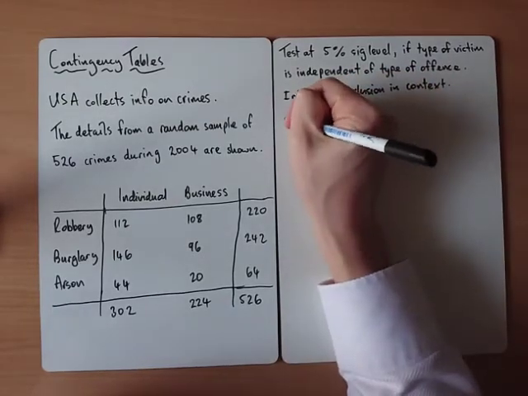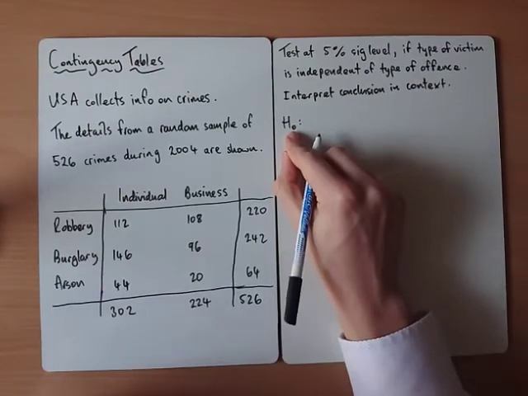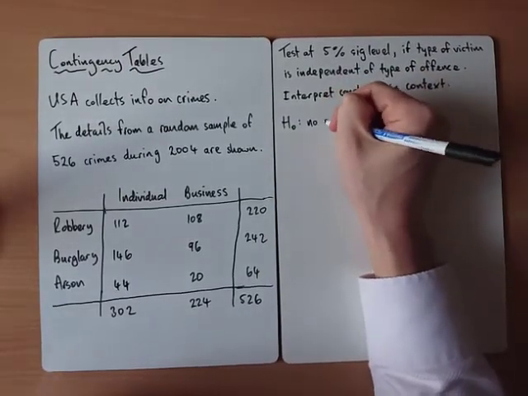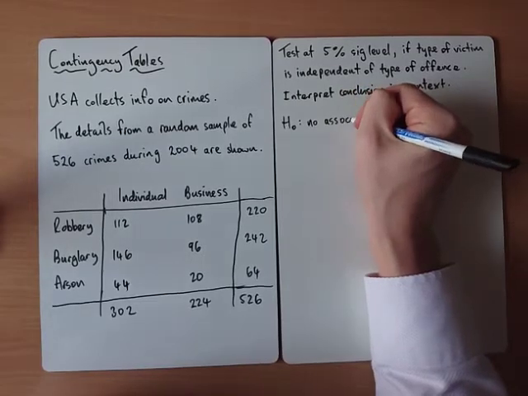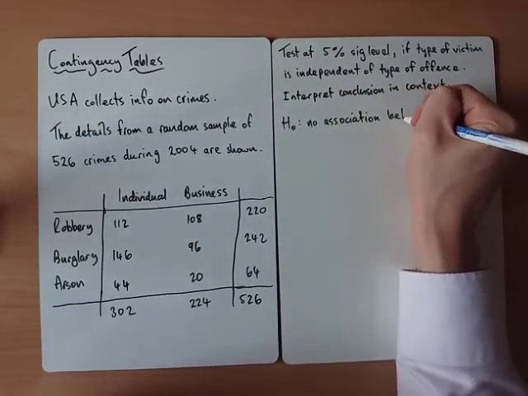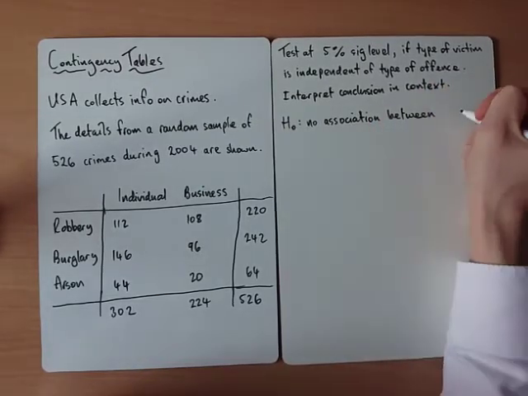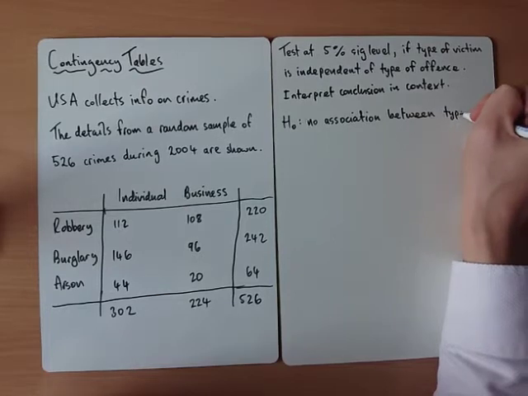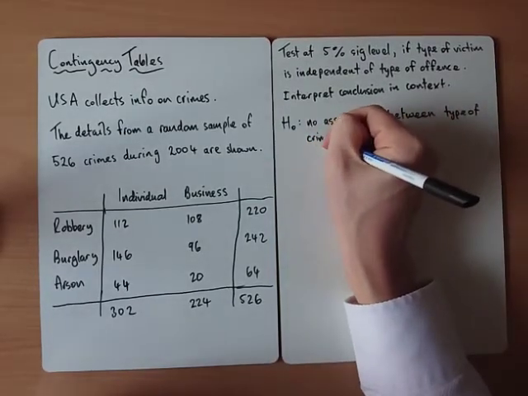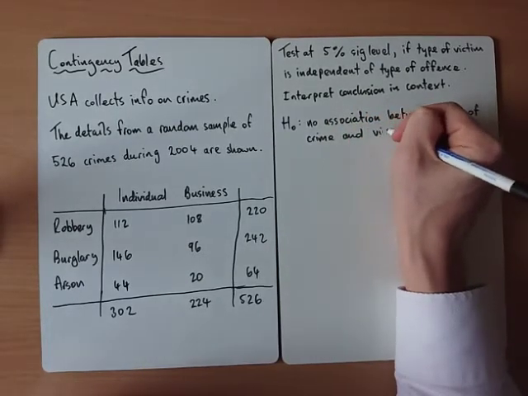Okay, so we start always with our hypothesis. H0 is called the null hypothesis, and we would state that there's no association between, use the context, type of crime and victim.